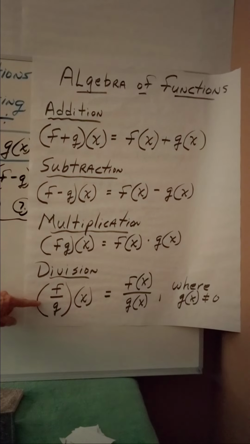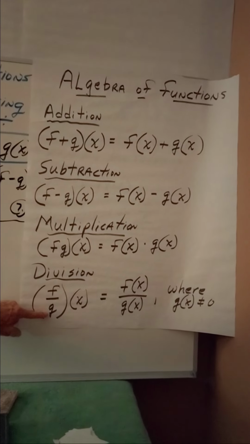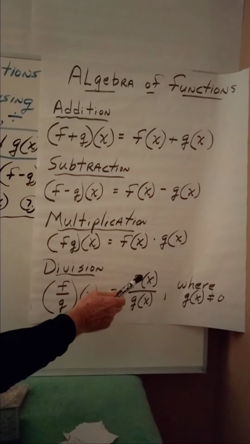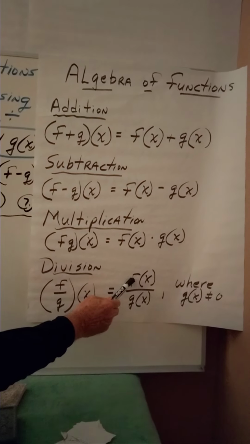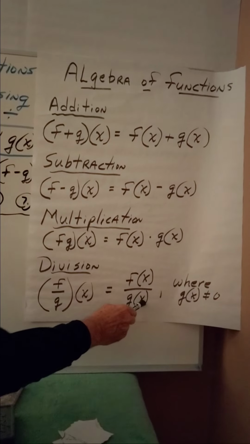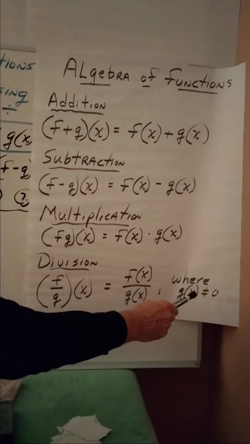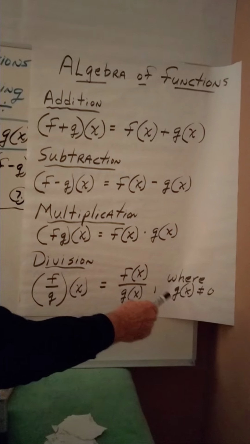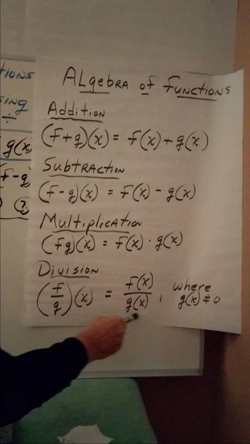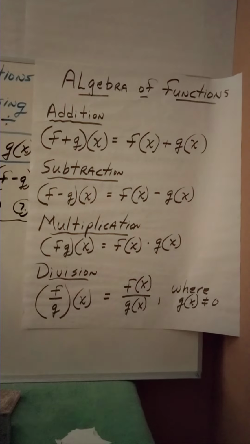The value of function f divided by function g when the domain is x is equal to the value of f when the domain is x divided by the value of g when the domain is x. And I put this final plug in here: the value of g when the domain is x cannot be equal to 0, because it would be undefined if it were.